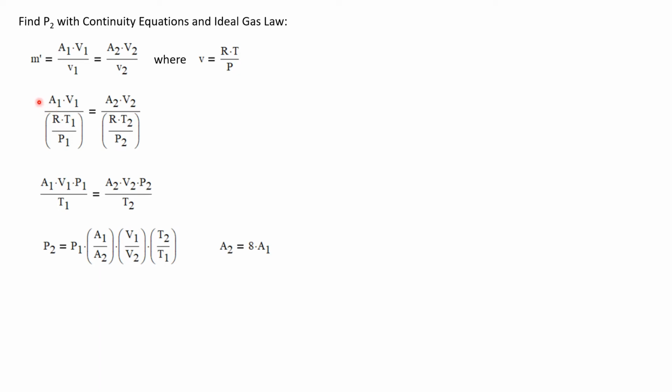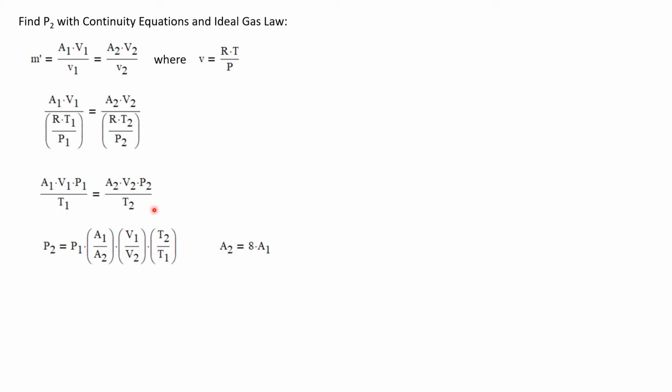So now we have area times velocity divided by RT over P is constant. So that value at state 1 is the same as it is for state 2. The R values cancel, and we're left with this, that area times velocity times pressure divided by temperature is constant. That is, it's the same at state 1 as it is at state 2.